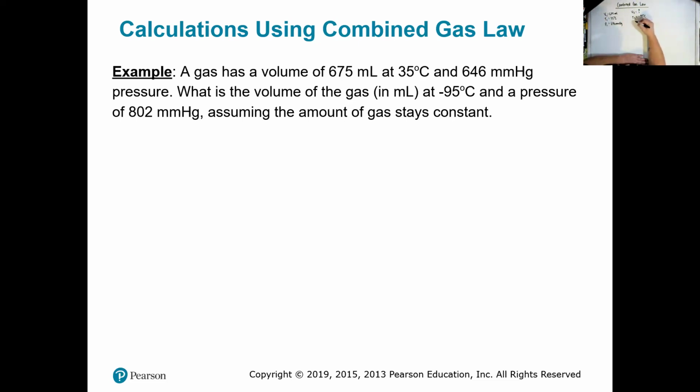And my pressure changes from 646 millimeters of mercury to 802 millimeters of mercury. But we're still holding my amount of gas constant. Okay, so assuming the amount of gas stays the same, these are the things that we're changing.